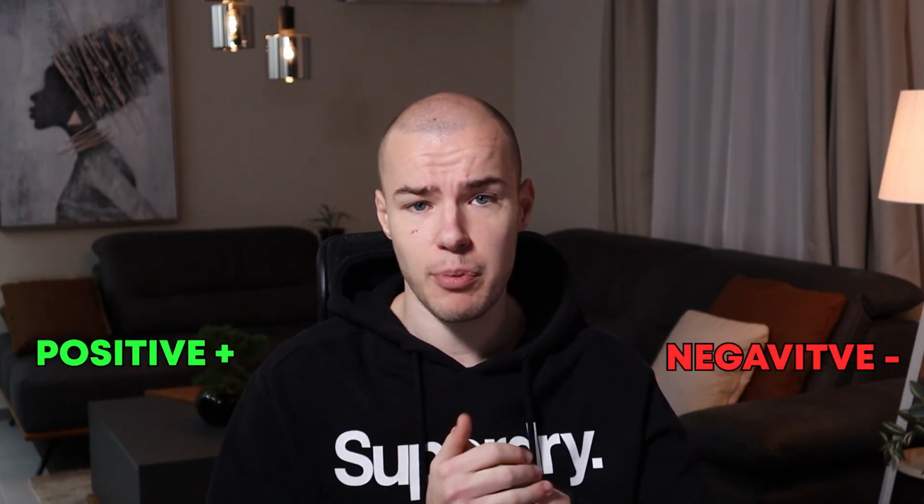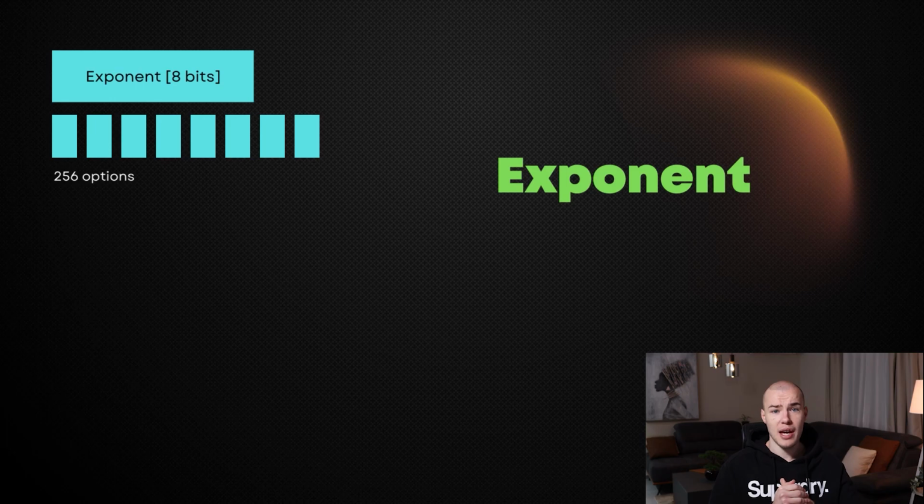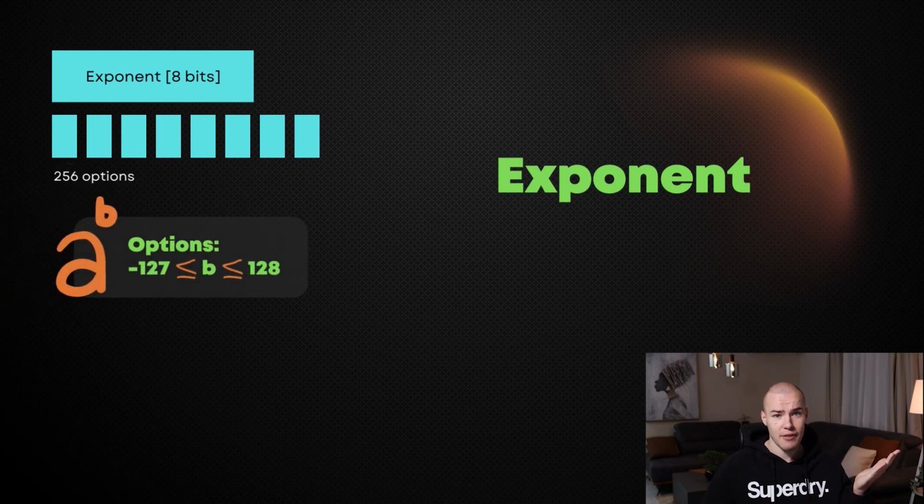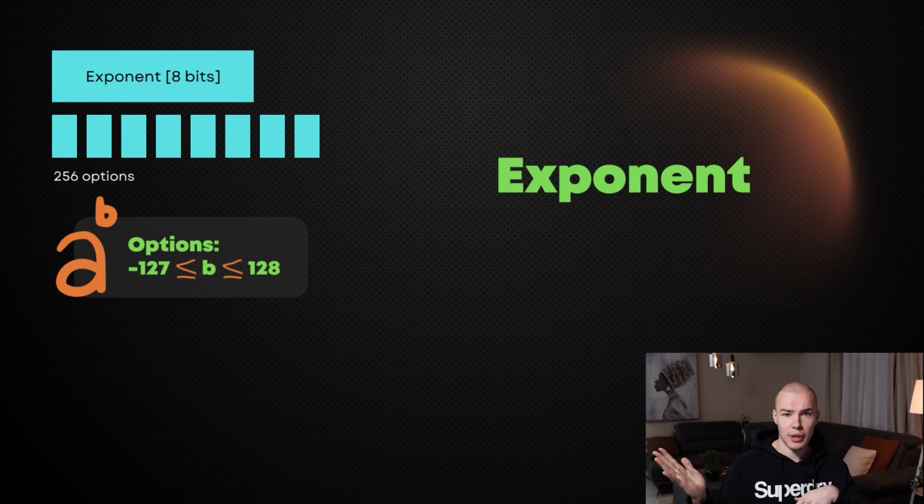And yes, because we want to work with very tiny numbers and have great precision, we need to make sure that we have both negative and positive exponents, and we are going to split them as evenly as possible, and we're going to be able to work with exponents from minus 127 all the way to 128.